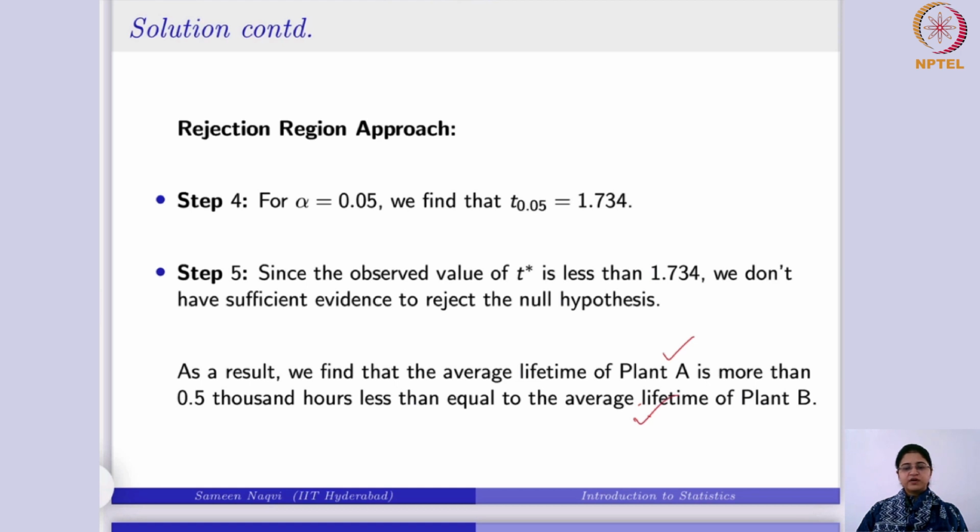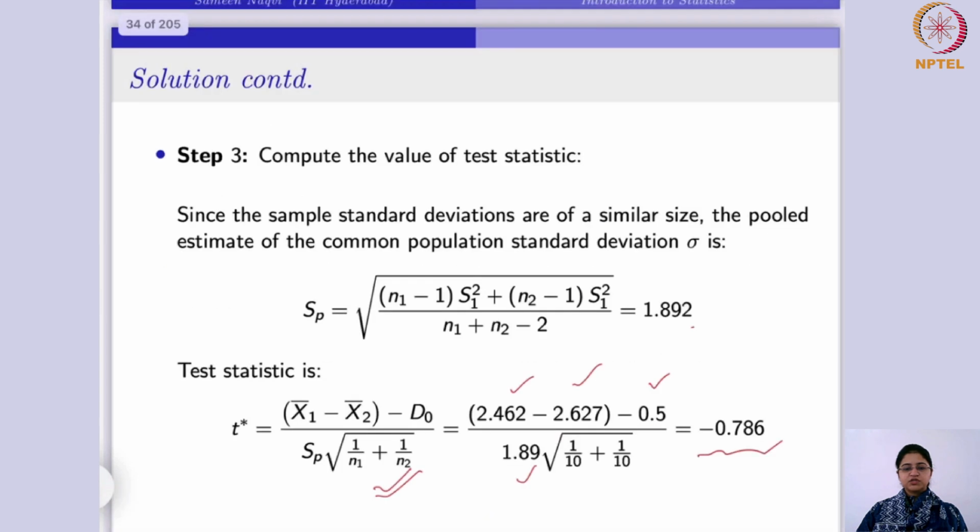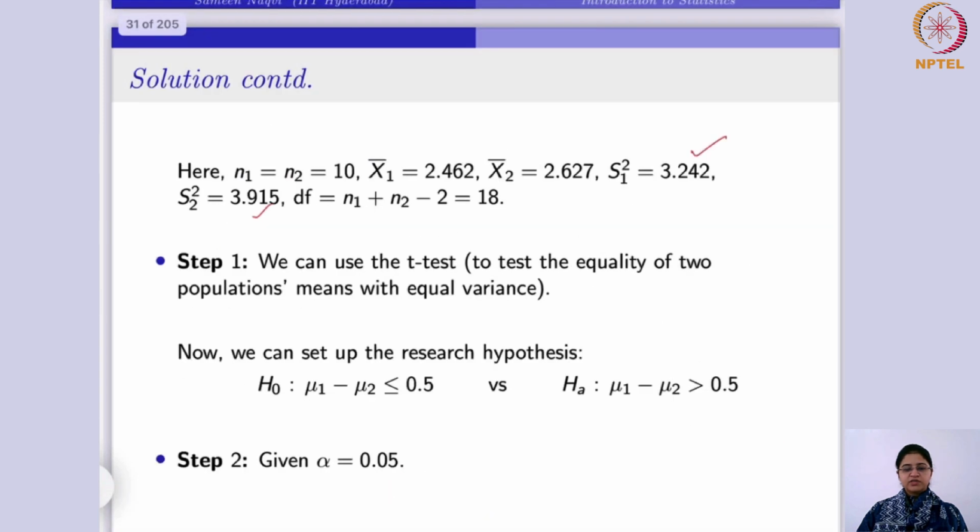You reject the null hypothesis when your t star is greater than the t alpha value. In this case, it is not happening, so you fail to reject the null hypothesis. So the claim that was made initially, that the difference of the two population means would be greater than 0.5, is not true.